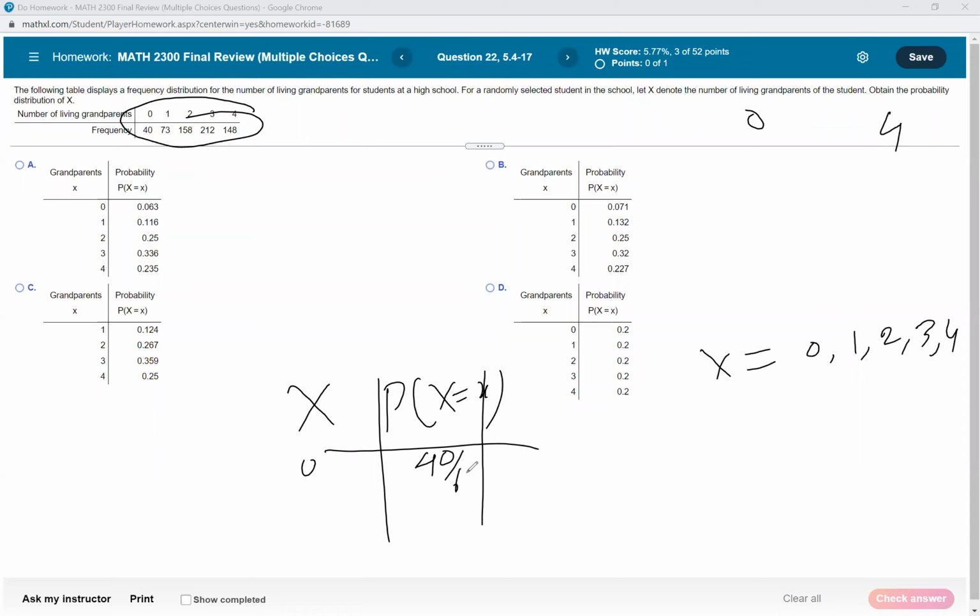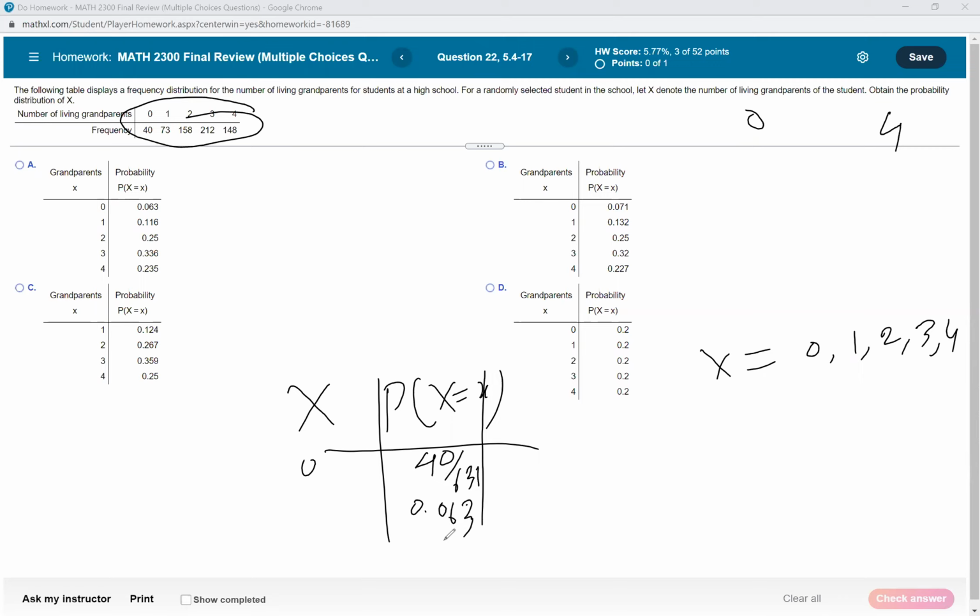So 40 divided by 631. So for 0, the probability is 40 divided by 631, which is 0.063.